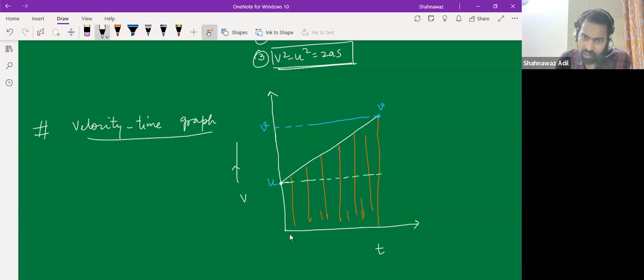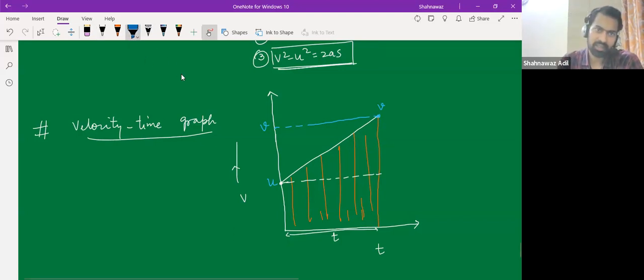So the area under this graph was what? You guys have forgotten. The area under this graph was what?